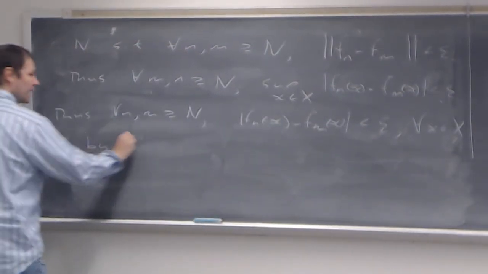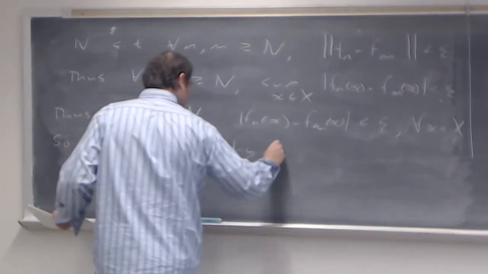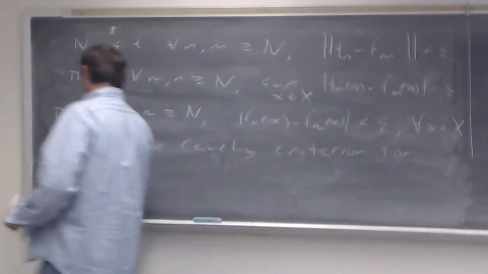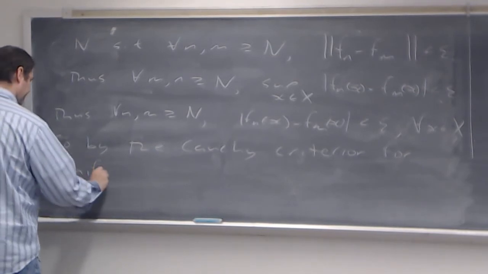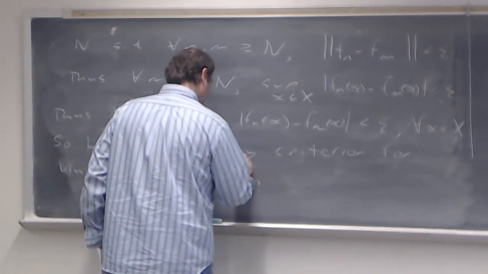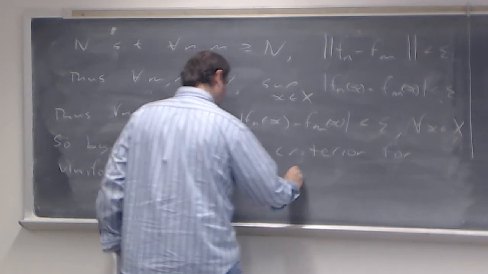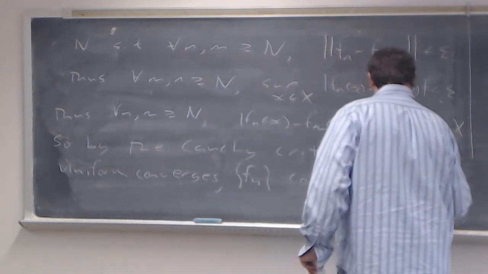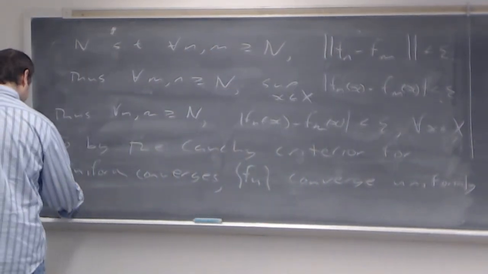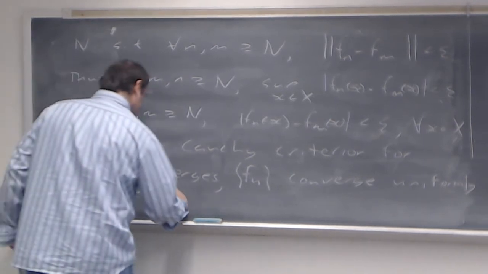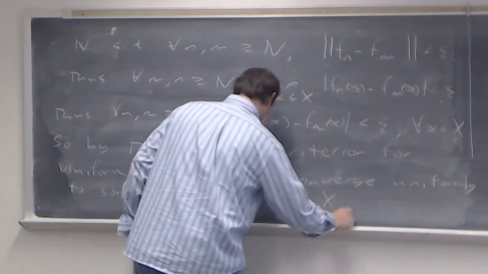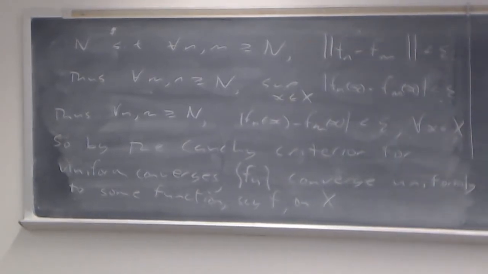And so, by the Cauchy criterion for uniform convergence, f sub n converges uniformly to some function, say f, on X.